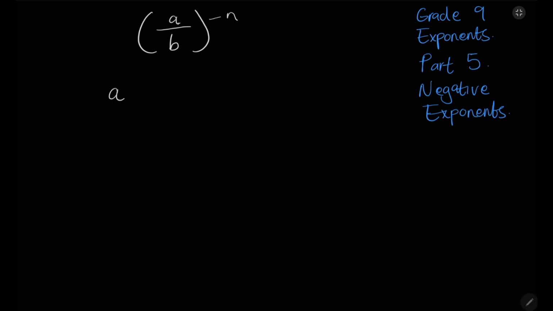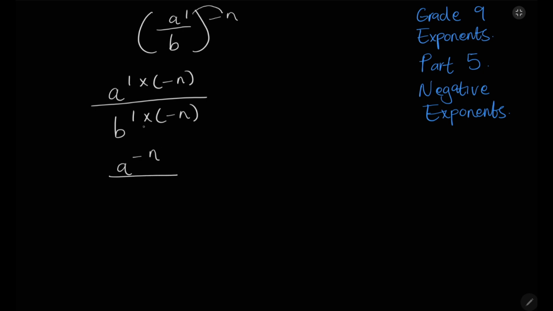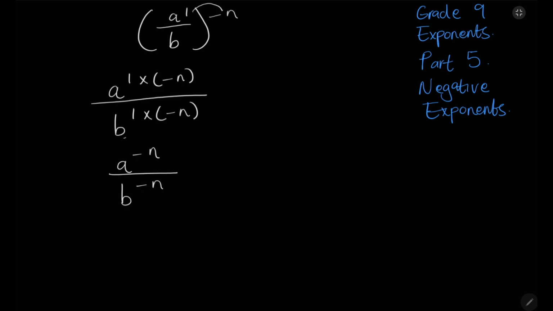We'll have a in the numerator, which is basically a to the power 1 times negative n, over b, which is basically b to the power 1 times negative n. So 1 times negative n is negative n over b to the power 1 multiplied by negative n, which is also negative n.